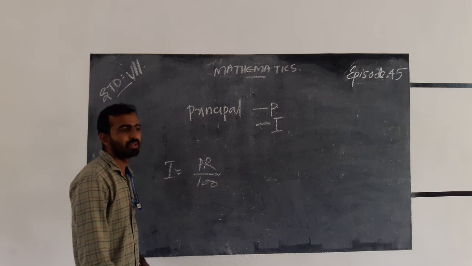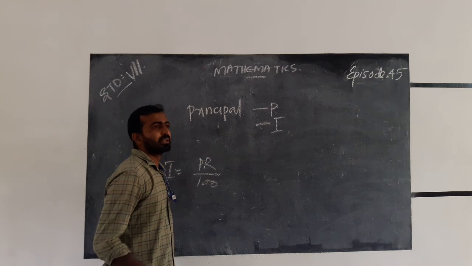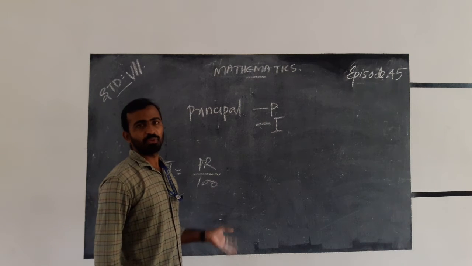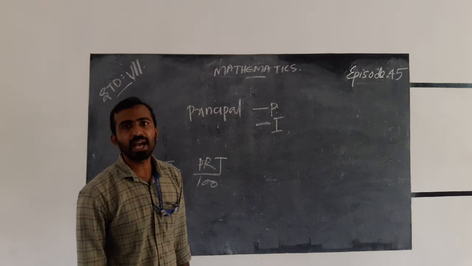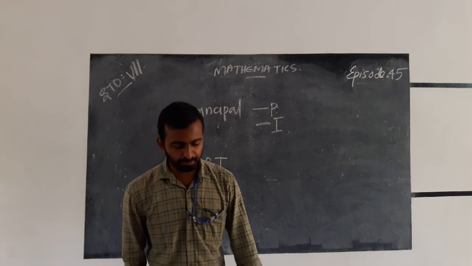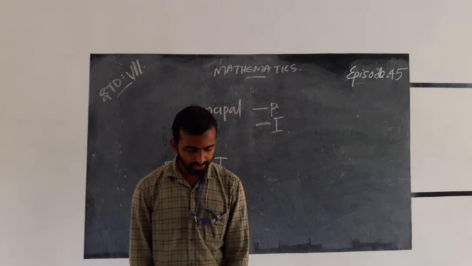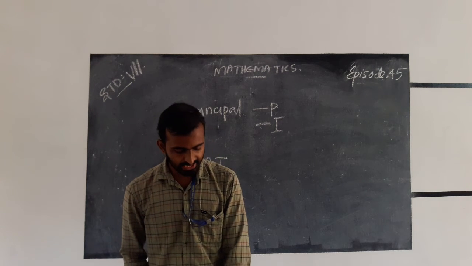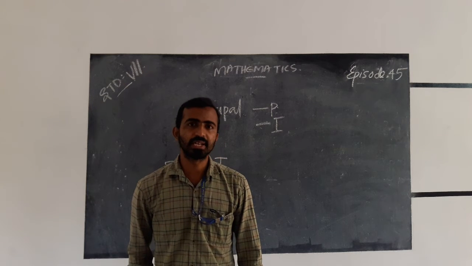This is for 1 year. For 3 years, 5 years, the equation is PRT by 100. P means principal, R means rate of interest, and T means year. Is it clear? Any doubt?